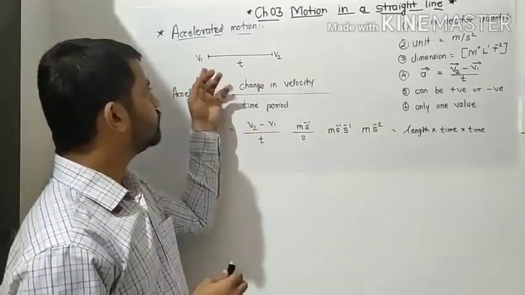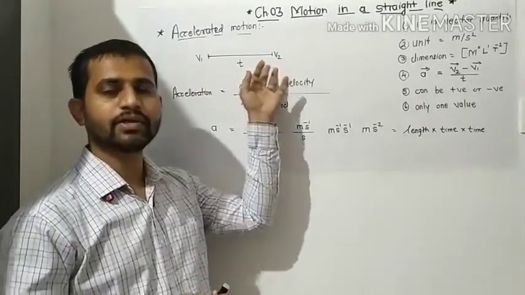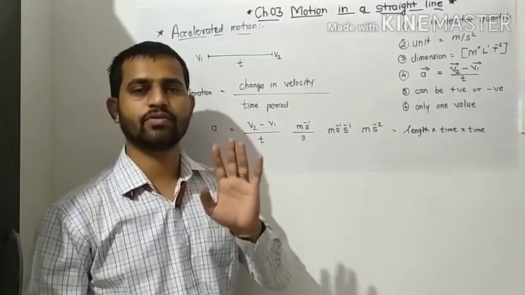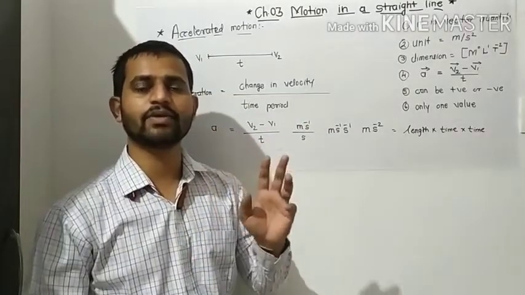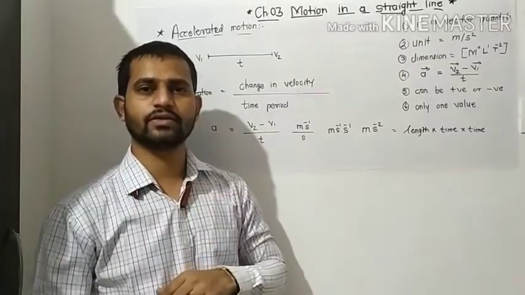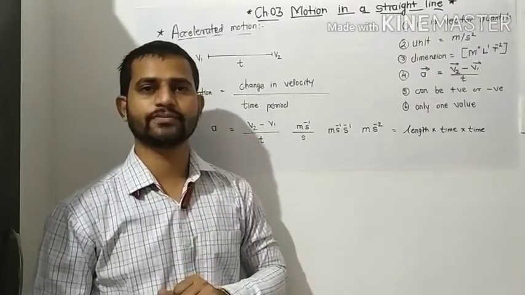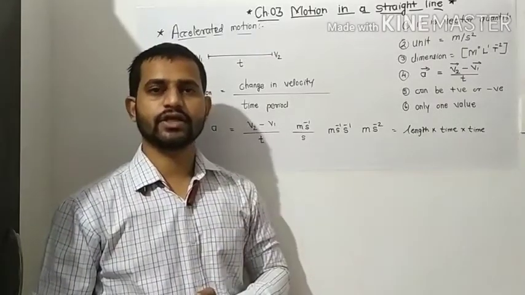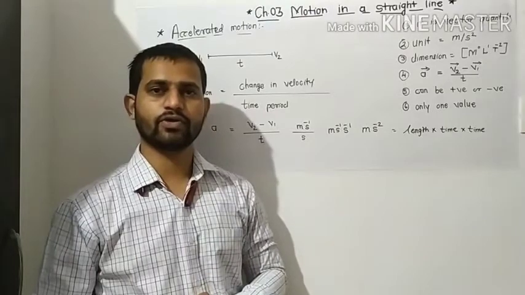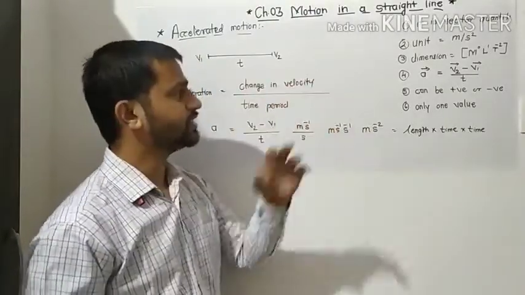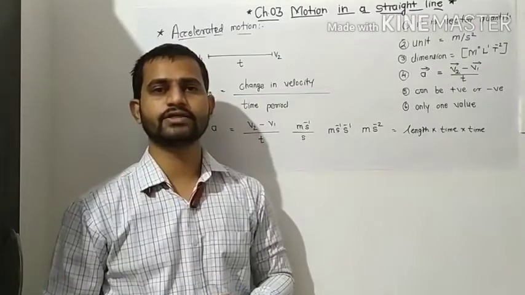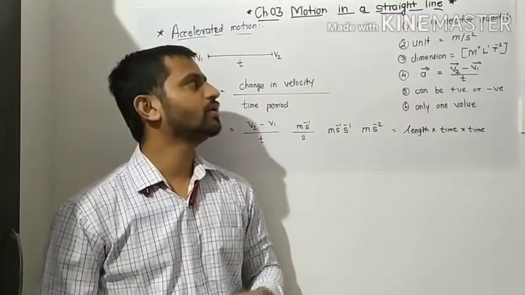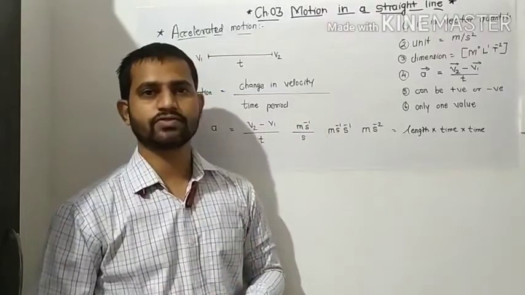We are changing the position from this to this, and during this, if the body changes its velocity, then in which direction the body changes the velocity is also very important. So the acceleration is represented by both direction and magnitude, and that's why it is a vector quantity. The unit is meter per second square.